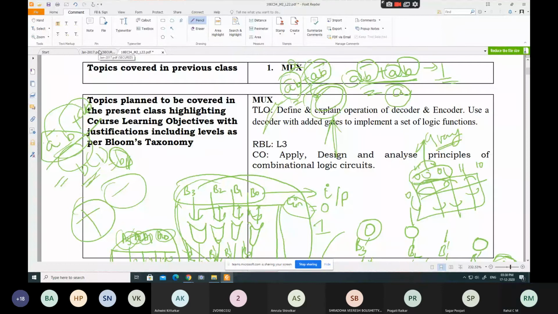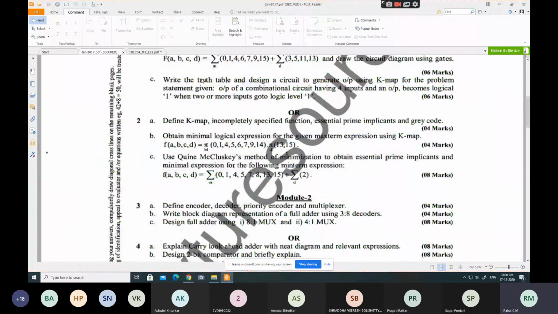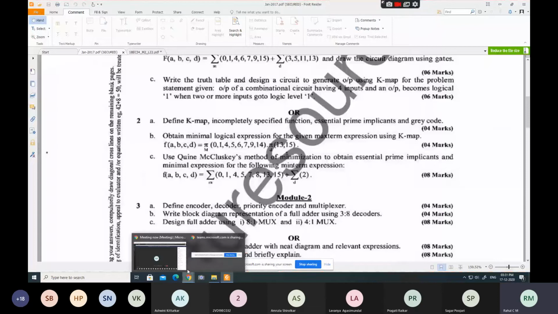Next one. What are the essential prime implicants? A group of minterms where at least one minterm in the group is not a part of any other group. Who read it?